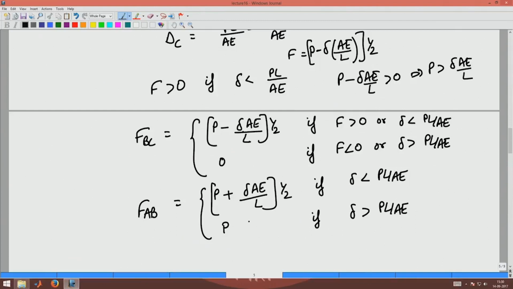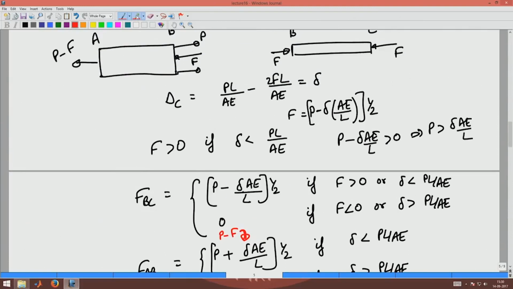Because F is 0, this is essentially P minus F. So, P minus F will give me that. Okay. That comes from the observation that at AB, P minus F is the axial force that this member AB sees.